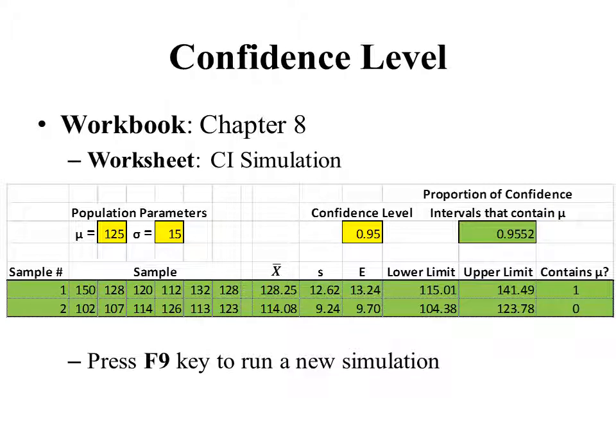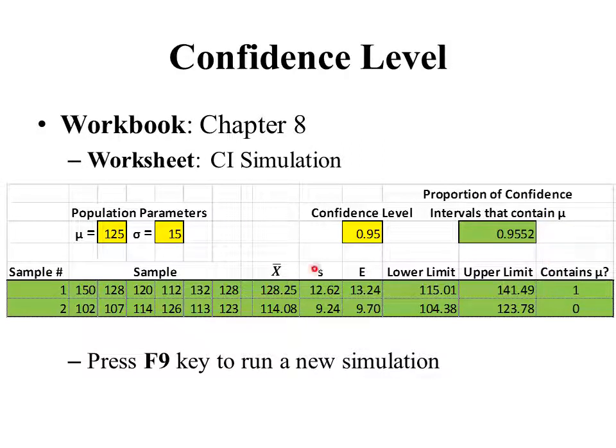Now, if you hit the F9 key on your keyboard, the simulation will generate a new set of samples, and it's going to do 2,000 different samples. So press the F9 key several times, and what we want to do is look at this number up here. This number is titled the proportion of confidence intervals that contain the true value of mu.